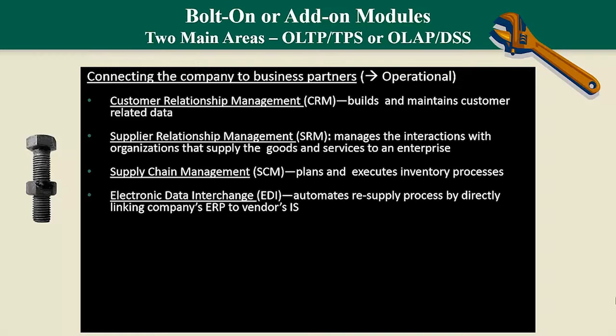This manages the interactions of the organization with various suppliers and vendors. Supply Chain Management, SCM, plans and executes inventory processes. And EDI, Electronic Data Interchange, and this automates our resupplying process, connecting us directly to our vendors, and often eliminating any kind of manual processing or human intervention in the resupply process.